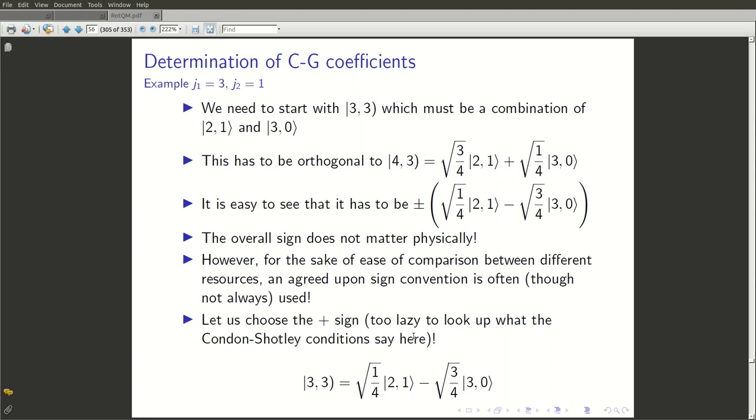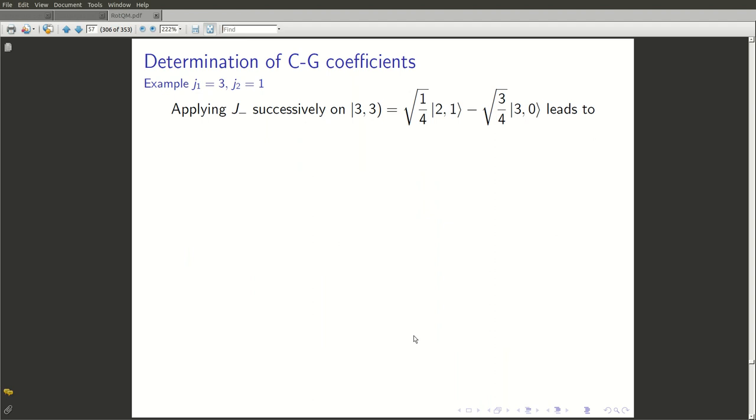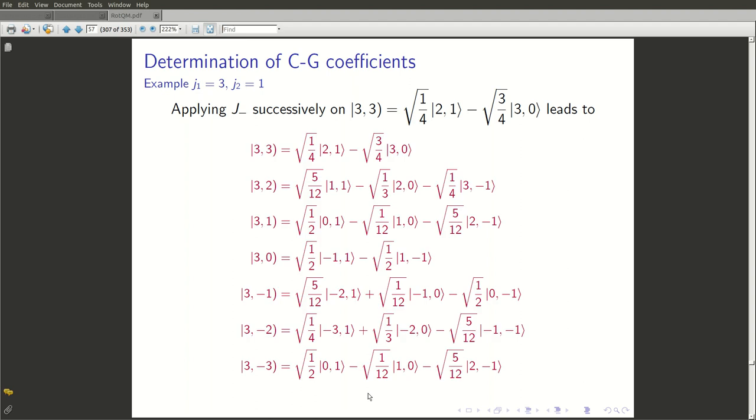So now that you have got 3 3, you apply J minus successively to it. So you can get 3 2, 3 1, 3 0 and so on, and you get these 7 states. Again, this is something which you should check out on your own. Let me warn you, this is not going to be a very small calculation.